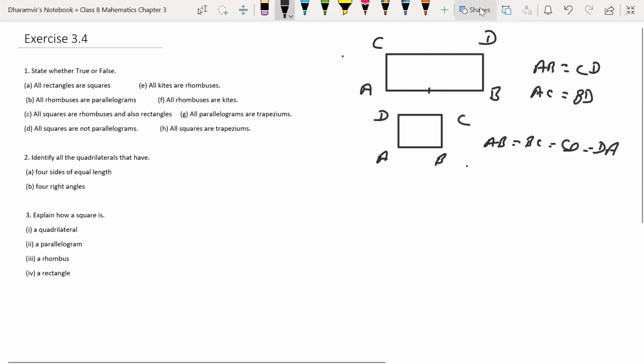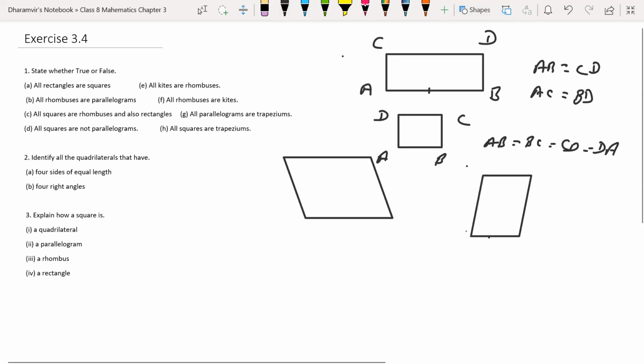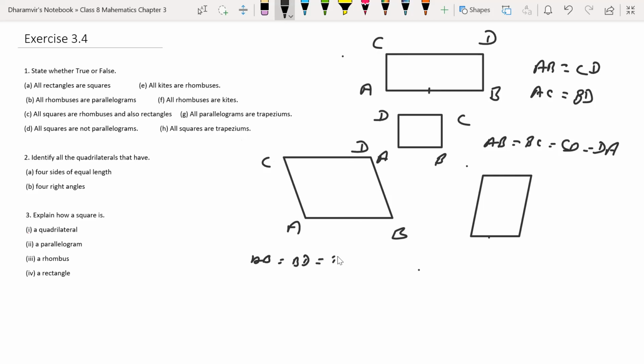You can draw a rhombus like this, and you can draw a parallelogram like this. In a rhombus all sides are equal. A, B, C, and D: AB, BD, DC, CA are all equal.